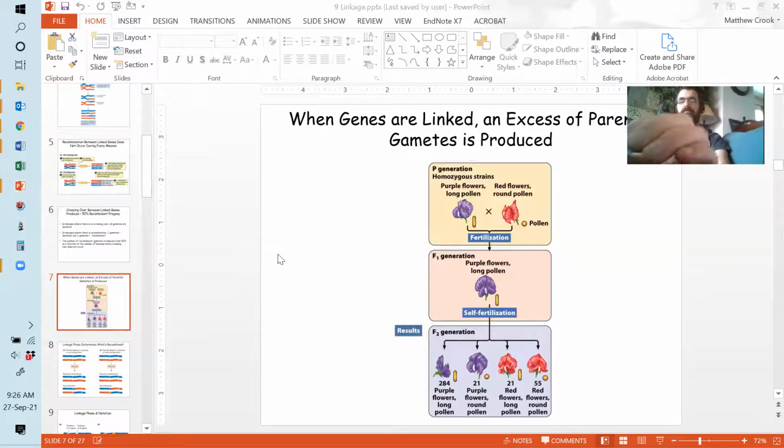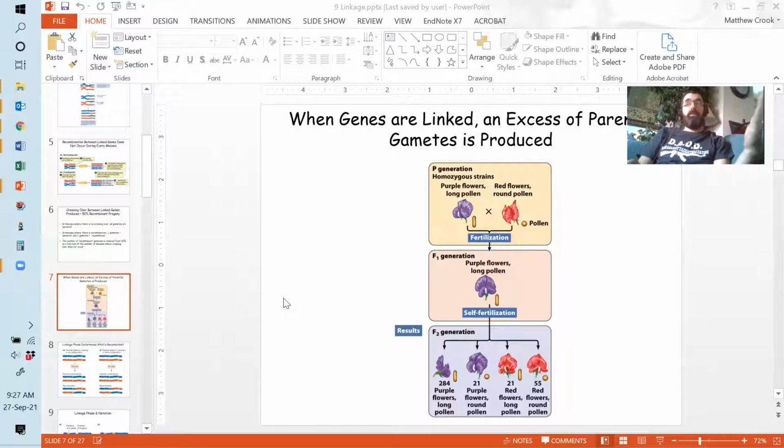So if you get the dominant allele for flower color, you're also very likely to get the dominant allele for pollen shape, using the example on slide 7.